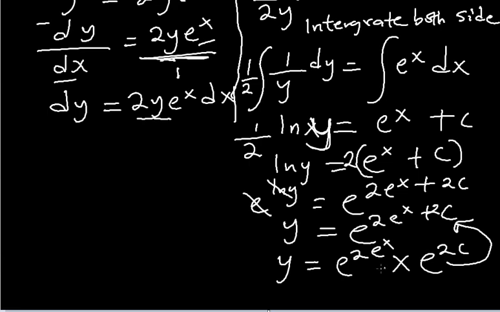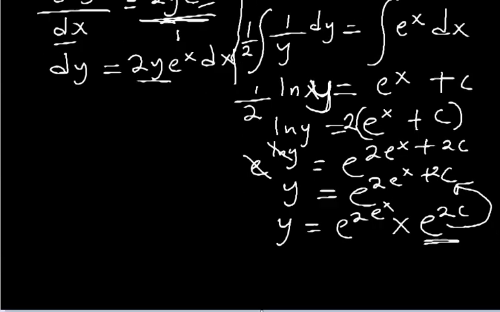The reason I want to do that is that this whole part is a constant. It doesn't have any variable, so I can just call it any constant. I can use k to represent that constant. So my final answer will be y equals k exponent 2 exponent x. I hope that is well understood.